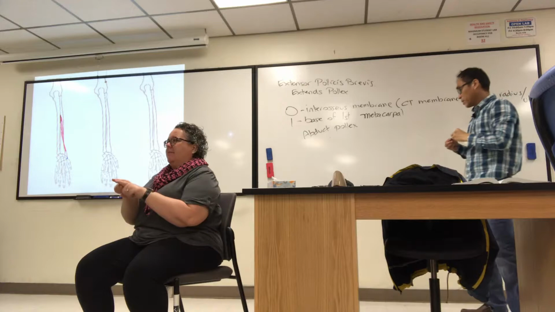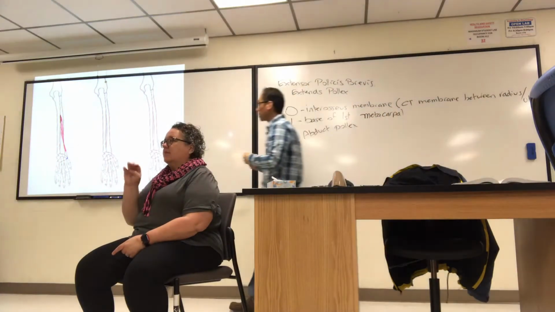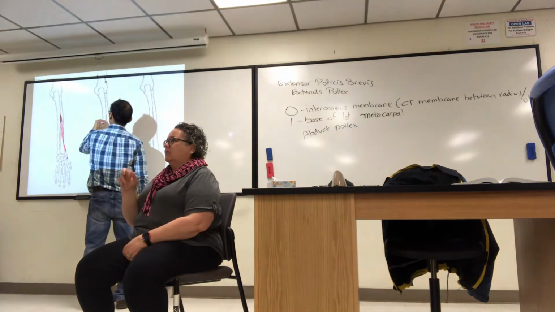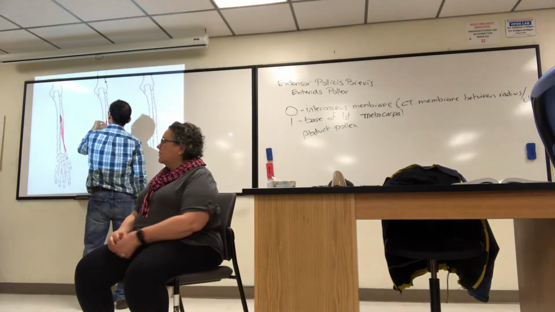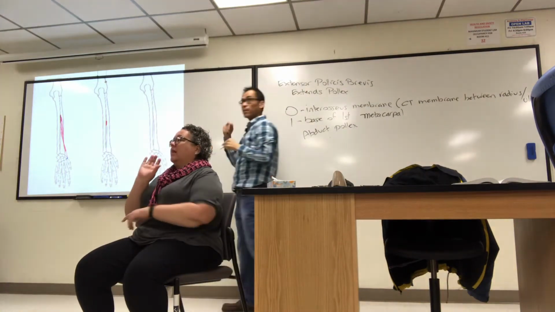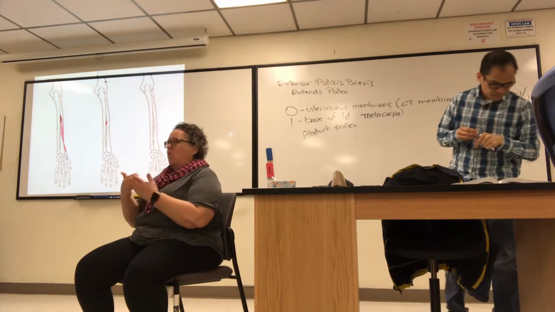I'll leave the origin the same. It's basically also interosseous membrane, maybe a little lower than the abductor. Maybe it starts down here a little more. But it's going to insert on the proximal phalanx of the thumb.